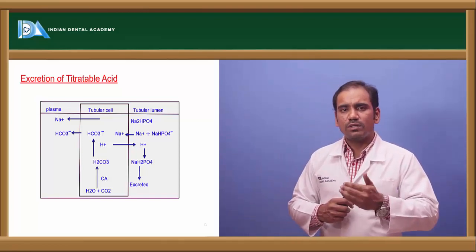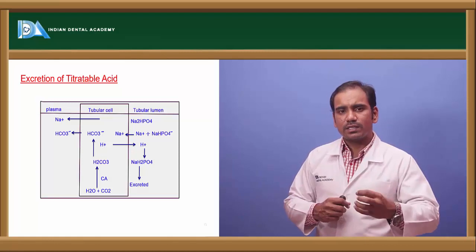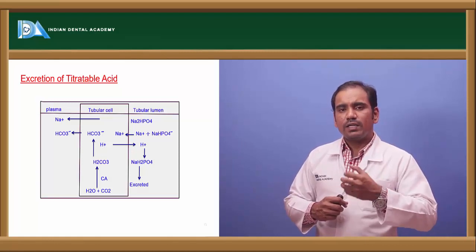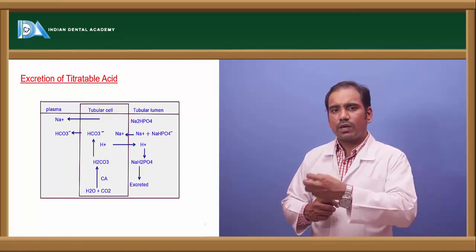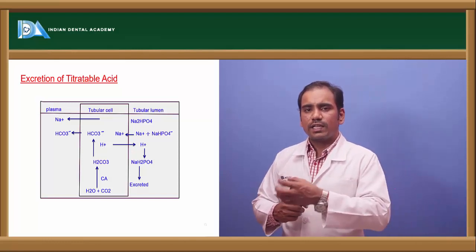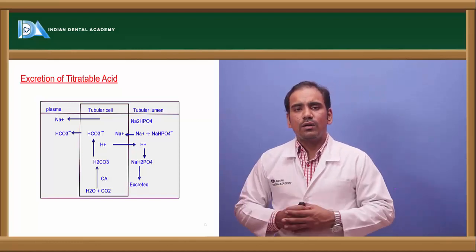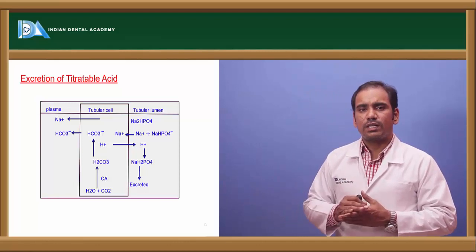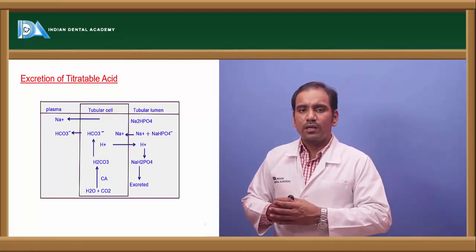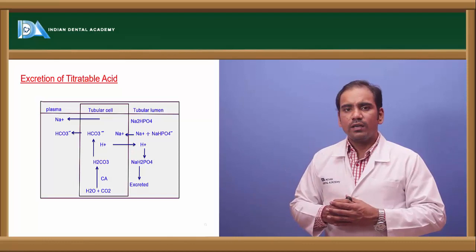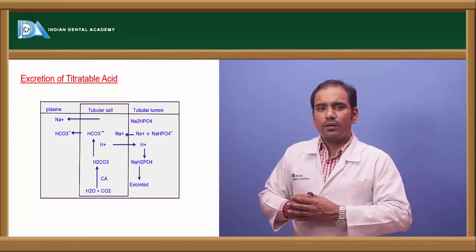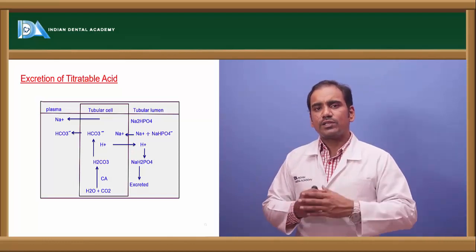So disodium hydrogen phosphate releases Na plus ions, and when it is released, the sodium hydrogen phosphate reacts with H plus ions and is converted to sodium dihydrogen phosphate, that is an acid phosphate. Right? So this is the reason why the pH of urine is different from the pH of blood.